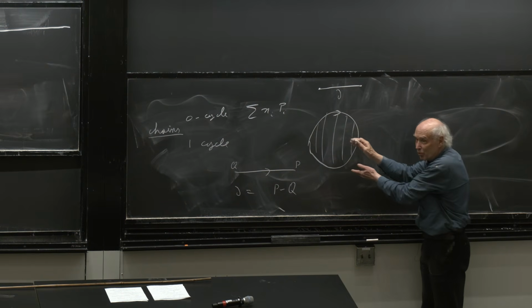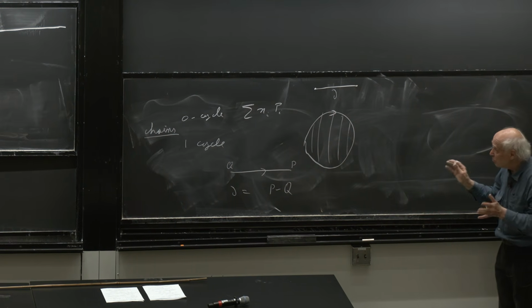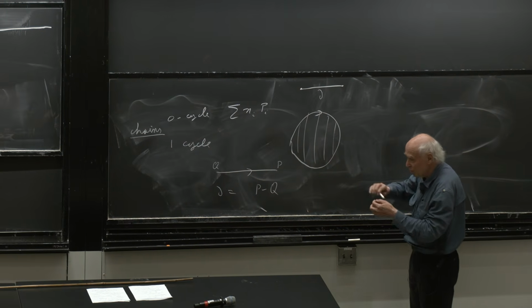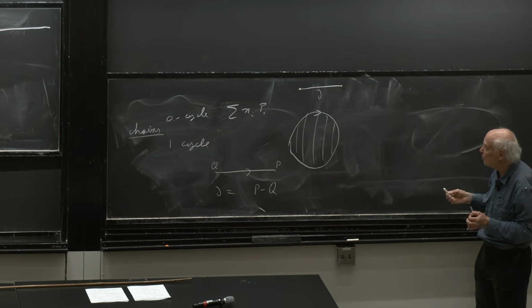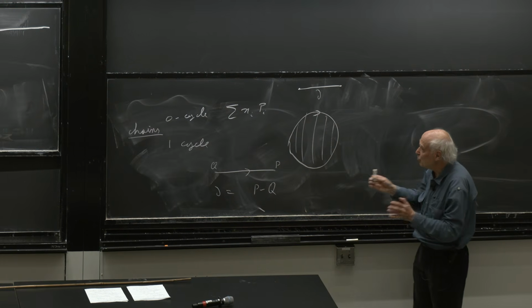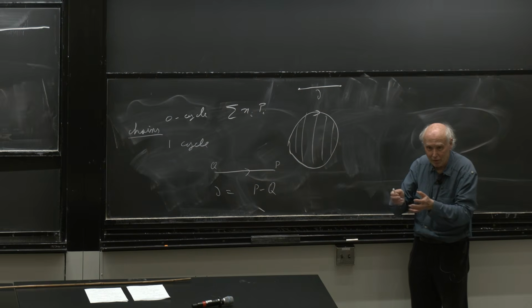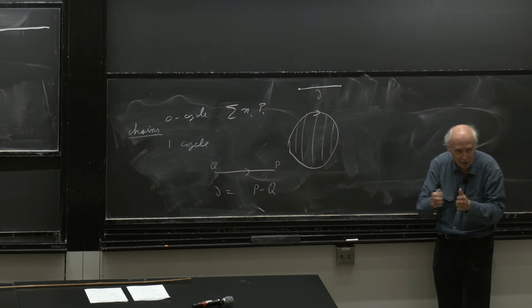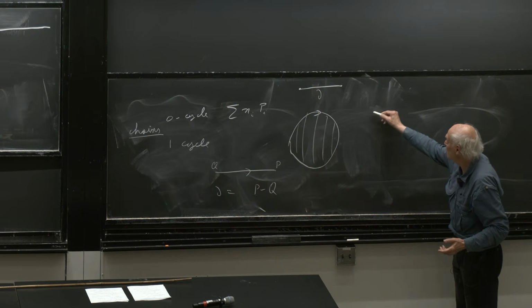And because it's a boundary, itself has no boundary. So this is an approximate picture, but you have to look at cycles and consider two cycles equivalent if they differ by a boundary, or that a cycle is equivalent to zero if it is the boundary of something.